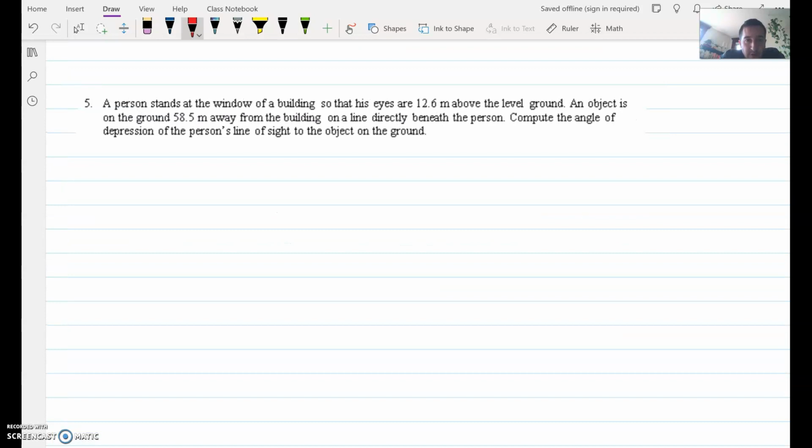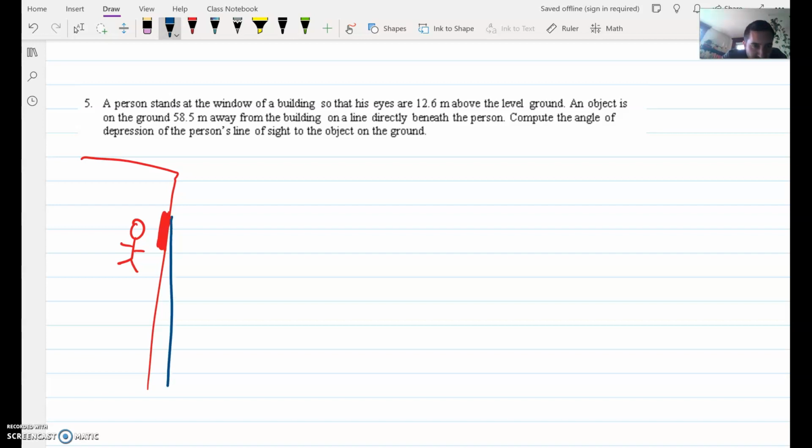A person stands at the window of a building. There's the window. Pretend like someone's in there looking here, so that his eyes are 12.6 meters above level ground. I'm going to switch to blue. We'll draw, because you're making a triangle. So there are his eyes, and they're 12.6 meters above the ground.